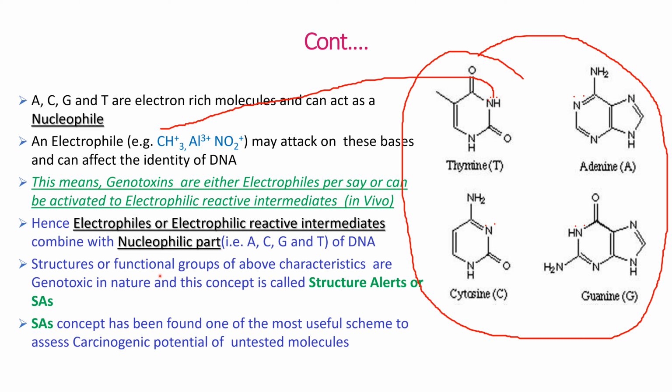Structures or functional groups of the above characteristic are genotoxic in nature, and this is also called the structural alert concept or SAS concept. The structural alert concept has been found to be one of the most useful schemes to assess the carcinogenic potential of untested molecules.